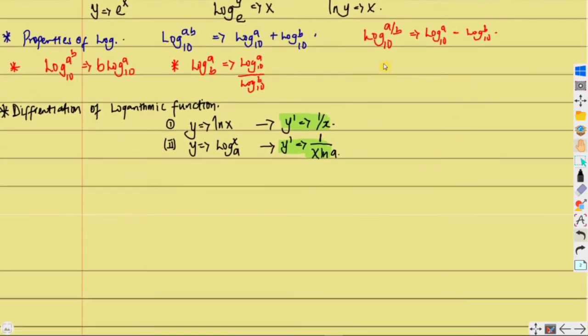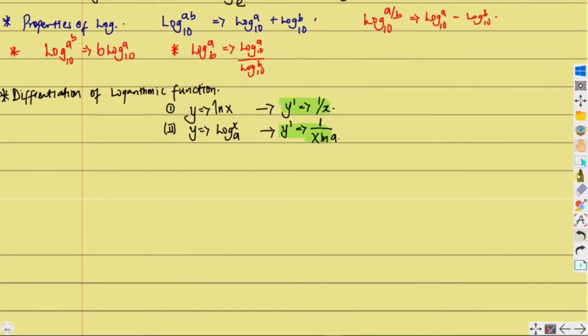So now, as you can see, my dear students, we want to take the differentiation of exponential function. Just as we've already discussed on logarithmic function, we only have two of these.